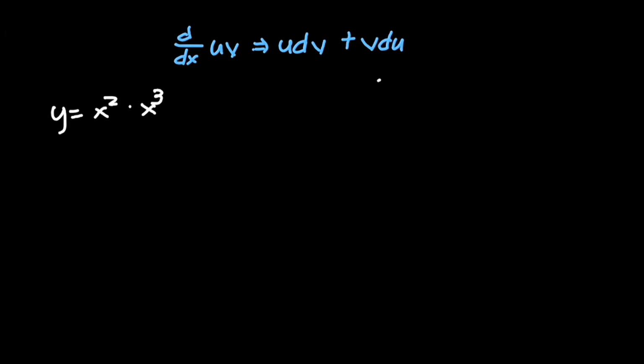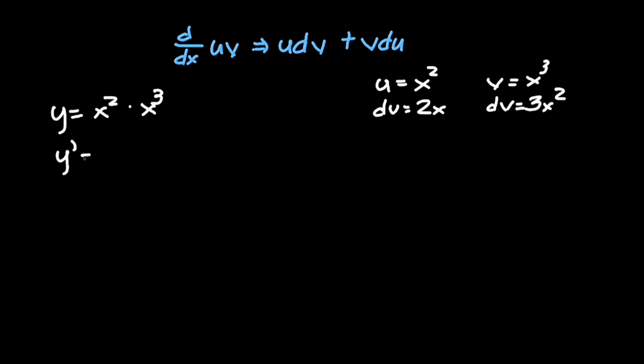Assign values here. U here would be x squared. The derivative of x squared would be 2x. V would be x cubed. And the derivative of x cubed would be 3x squared.